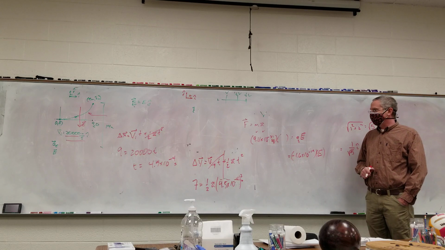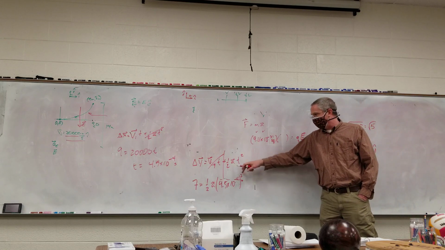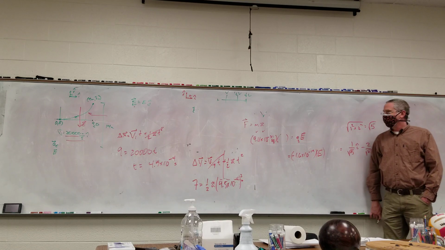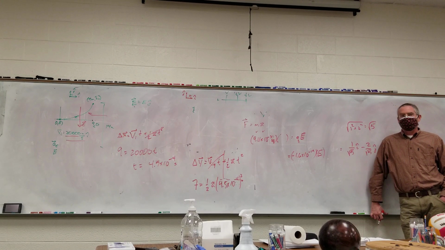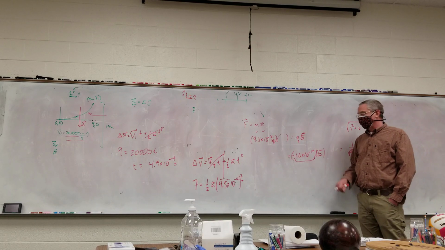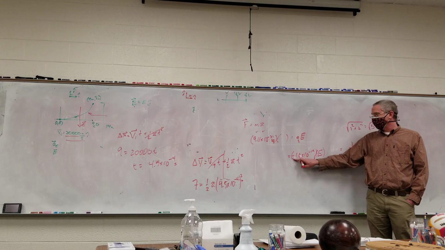And then solve, so acceleration is part A, and then part B, solving for E. Negative 1.6 times 10 to the negative 19th is the charge of the electron, with a minus sign in there.